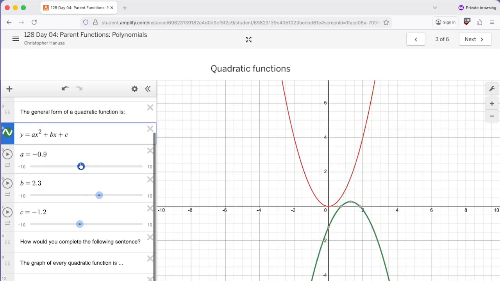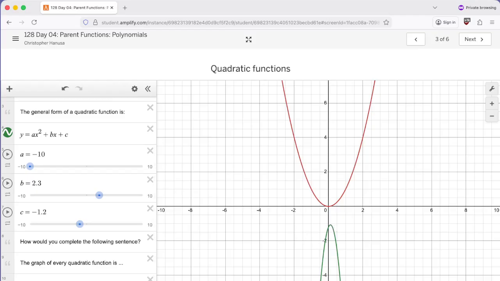So when a is negative, this parabola is pointing down, and when a is negative and has a large value, like -10, it's again narrow. So play around with these different sliders and get a chance to understand what happens when you modify the coefficients, these a, b, c constants, in front of the x squared, the x, and the 1.